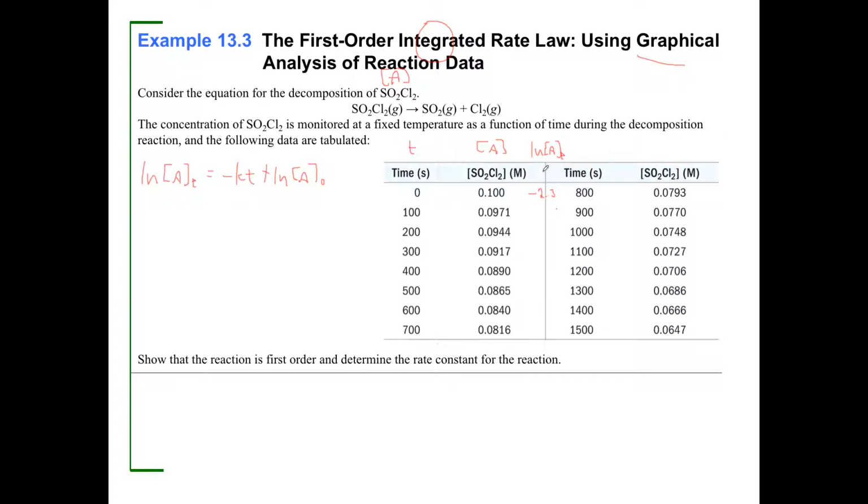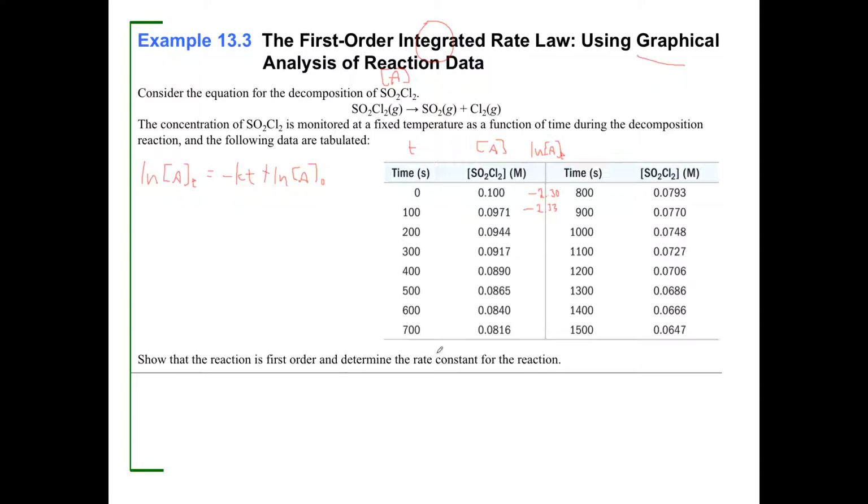Now I'm going to do the natural log of 0.0971, and that goes to be minus 2.3. This was really 2.30. Can you read my writing? You should be doing the same thing. So what's the natural log of 0.0944?